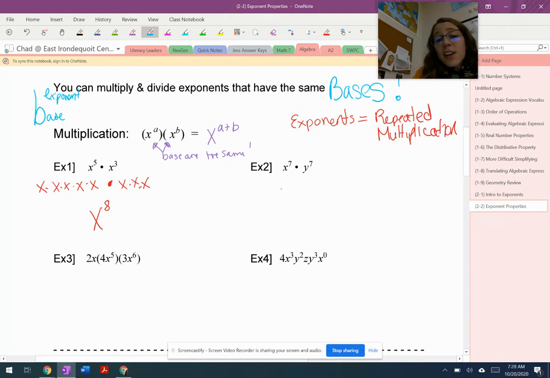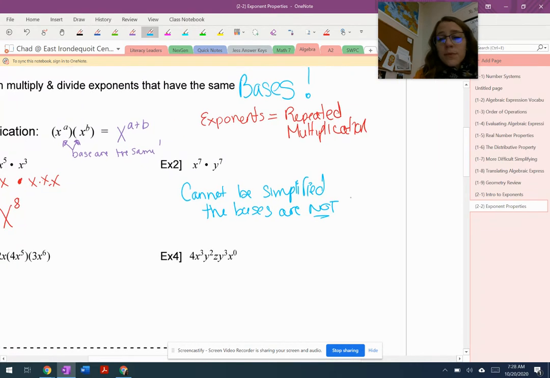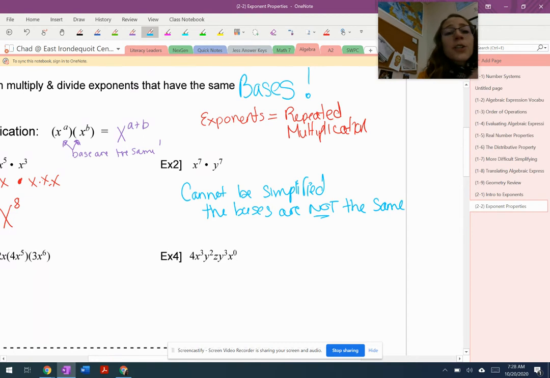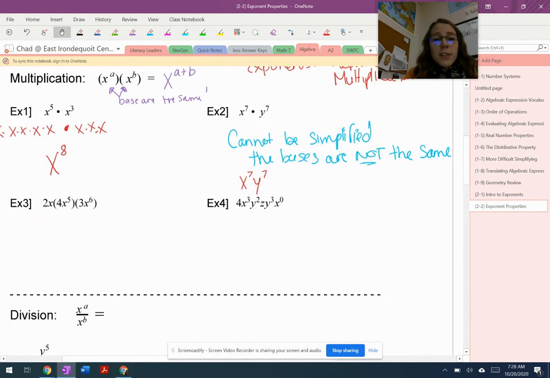So this is already simplified. You could just rewrite it as x to the 7th, y to the 7th, but there's really nothing else that's the same as that.